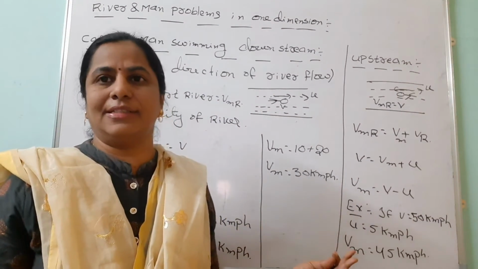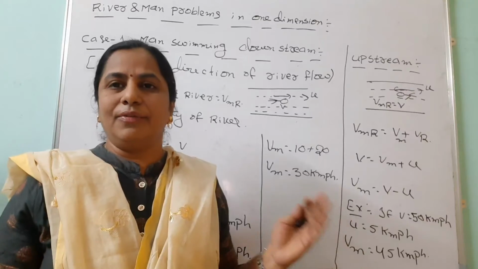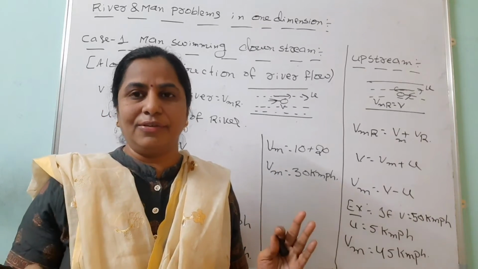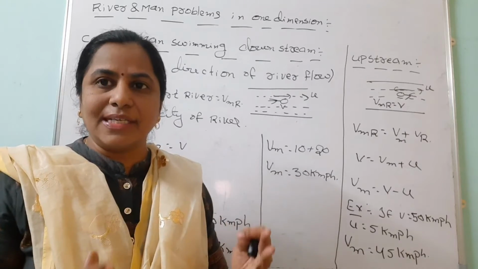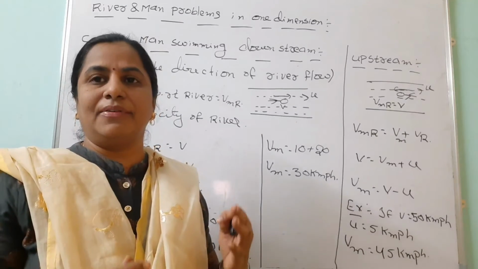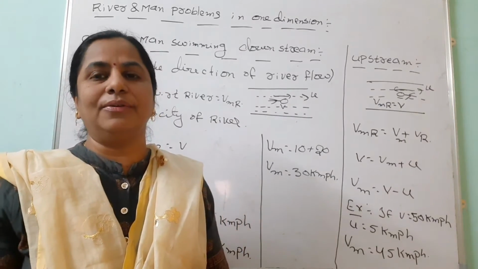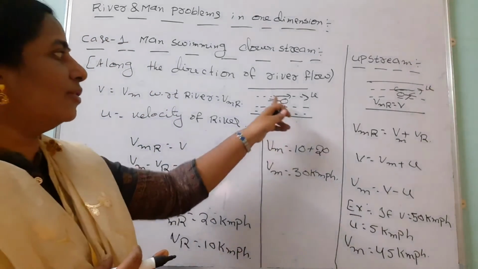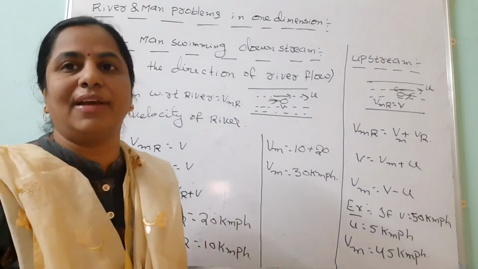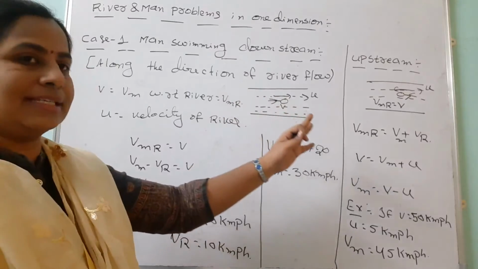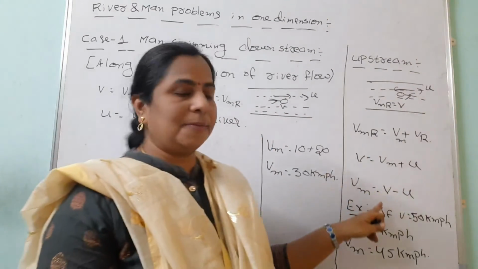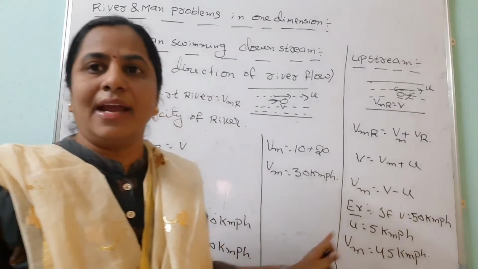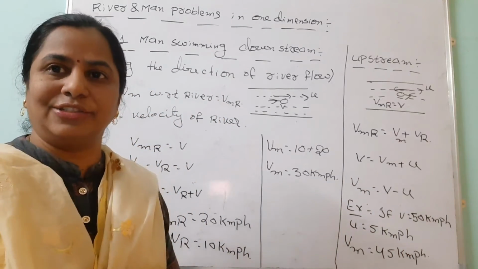Otherwise, when the boat is going in water, don't get confused: U is the velocity of the river. And when the person is swimming, they will mention the velocity of the man with respect to river, which we should consider as V. Then we can find the swimming man's velocity. In the case of downstream we get the positive sign, and in the case of upstream we get the negative sign. These two are the examples belonging to this.